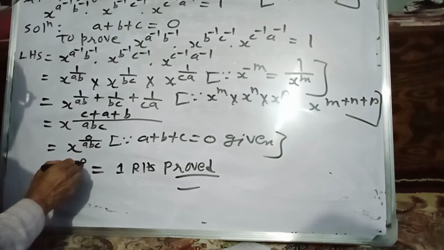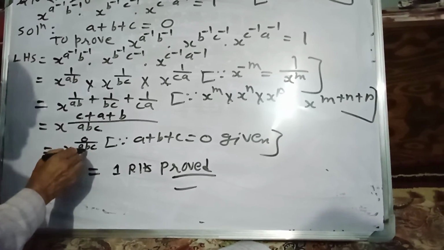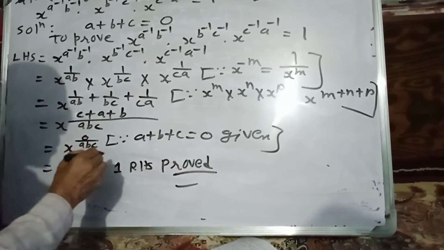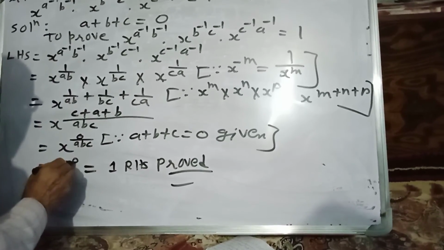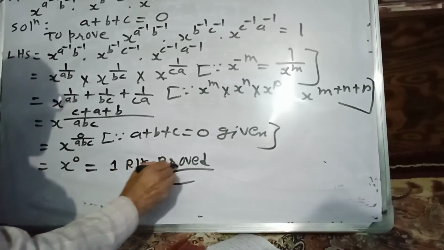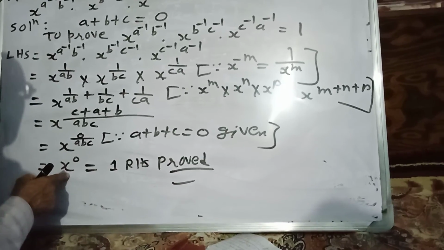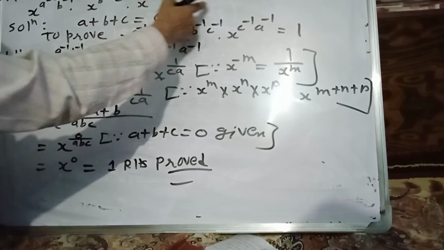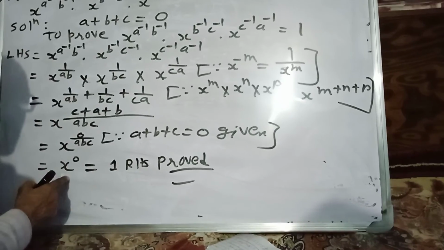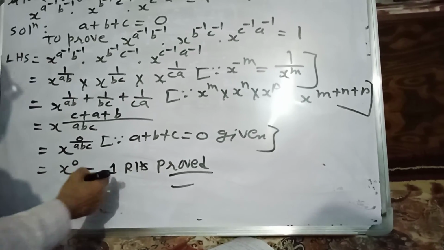That means x to the power 0. 0 by something is 0, but something by 0 is infinite. x to the power 0 equals 1. RHS proved. Since x is a real number, a non-zero number, the answer is 1.